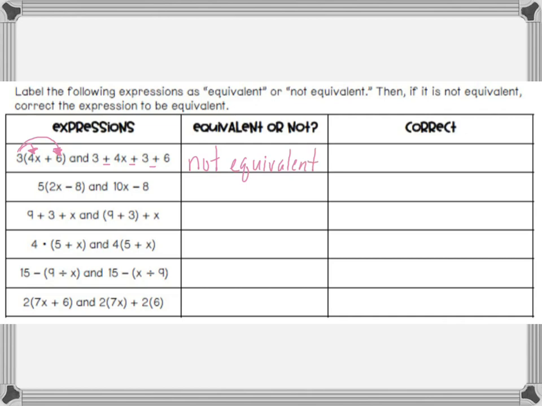They would not give us the same value. The correct way to do this would be to have 3 times 4x plus 3 times 6. It would give us a very different result. I want you to pause the video here, work out the other 5 problems, come back, and check your work.